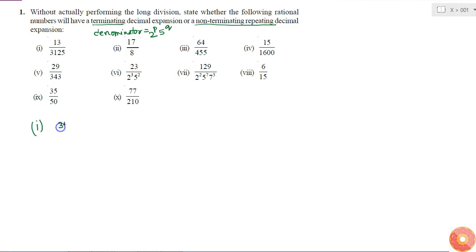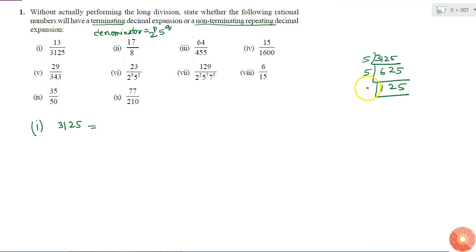Denominator is 3125. Its prime factorization will be, this is divisible by 5, right? So 3125, if I divide by 5, I will get 625, which I divide again by 5, I'll get 125.